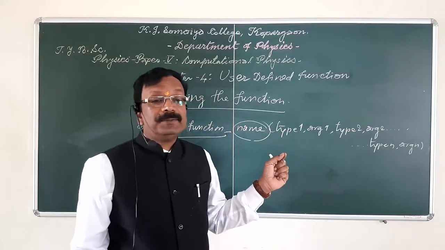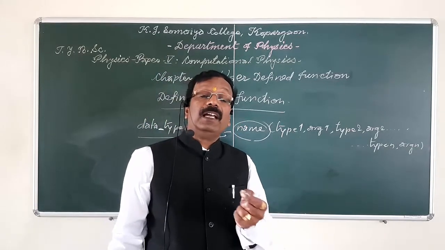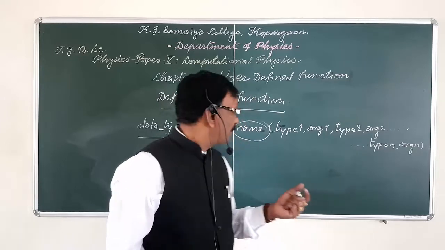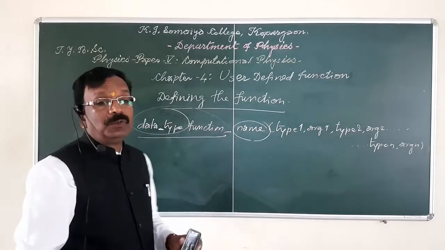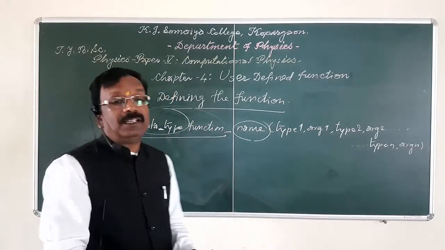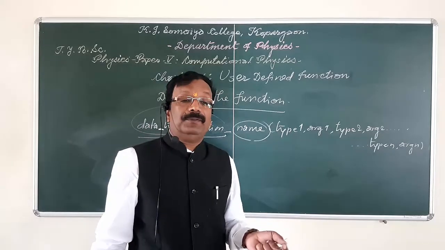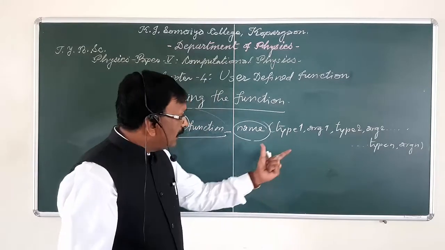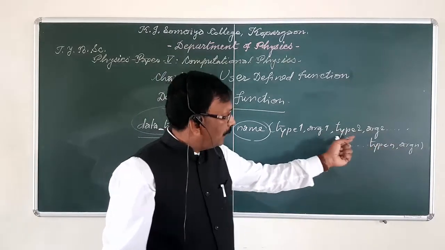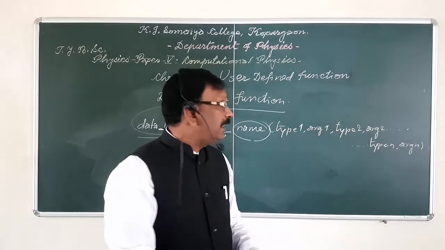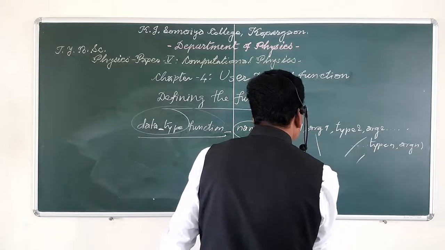And the data types are assumed to be integer if they are not shown explicitly. If the data type of the function is not shown explicitly, then it will be considered as integer data type. And these arguments, argument 1, argument 2 up to argument n, are called formal arguments.